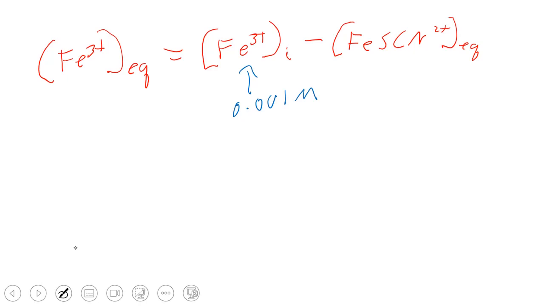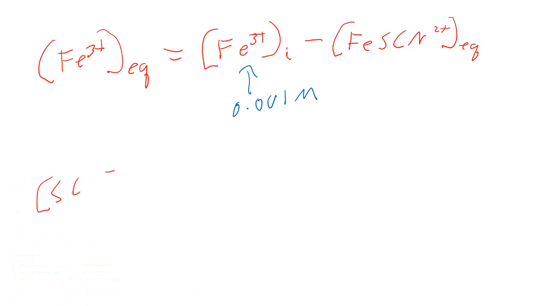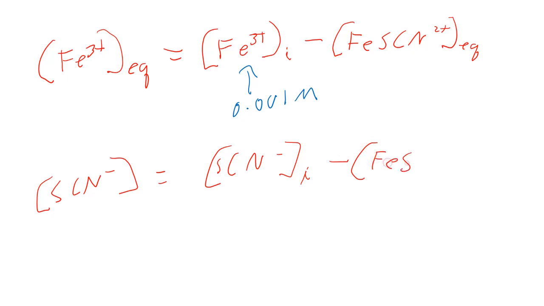Then in step 6, you need to calculate SCN negative. I keep switching the C and N here. You're going to do that by taking SCN negative initial minus FeSCN2+ at equilibrium.